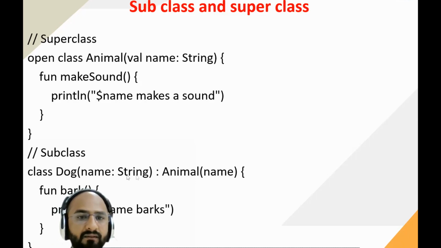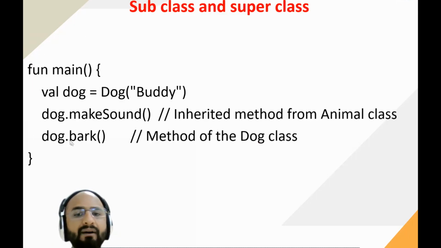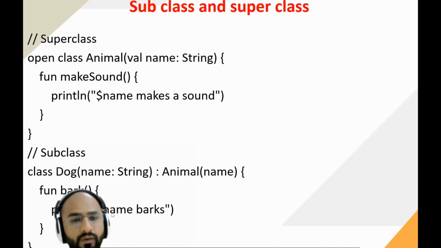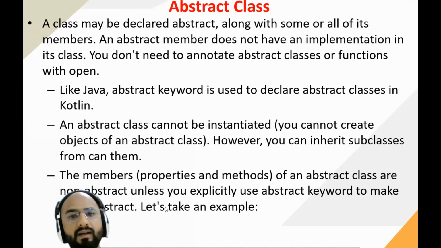So the makeSound method is available in the Dog class because it inherits all the properties. It will print buddy makes a sound. And now I am calling the bark method of the Dog class, and it will print buddy barks. So this is the whole program about inheritance.